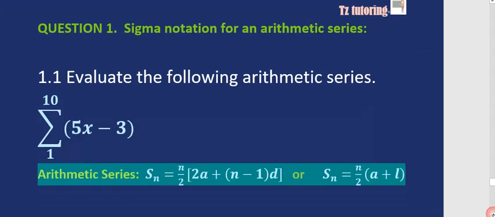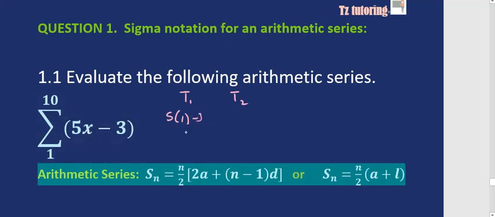We are evaluating an arithmetic series, and the first thing we want to do is get at least the first two terms, term 1 and term 2. We start at 1, so to get term 1 we take the part inside the brackets, and where there's an x we substitute 1.